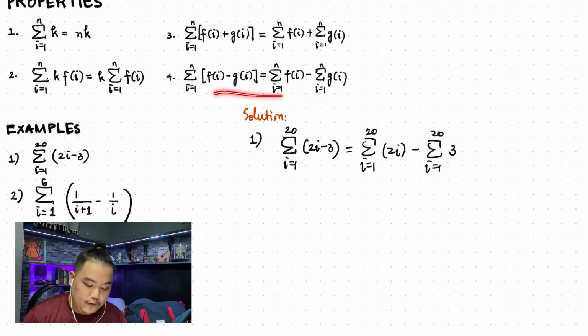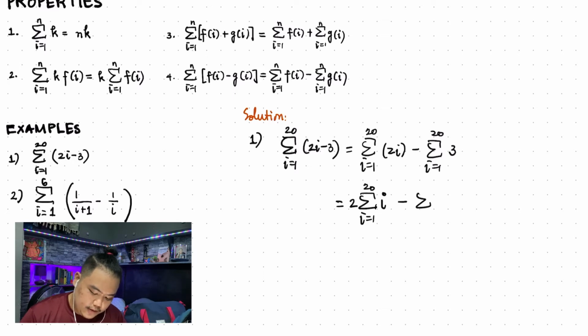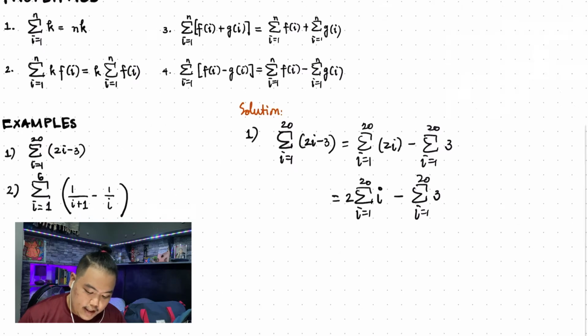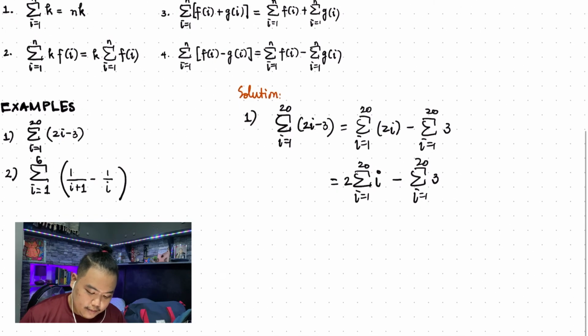Okay? Pero yung 4, anak siya ni number 3. And then, summation from 1 to 20 ng, etong 2, pwede mong labas. 2 times, ay, magiging siya. Minus, okay, isa-isa lang yung ginagalaw ko para hindi tayo mahirapan.